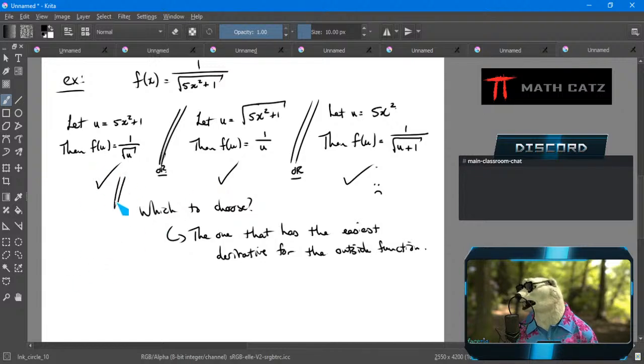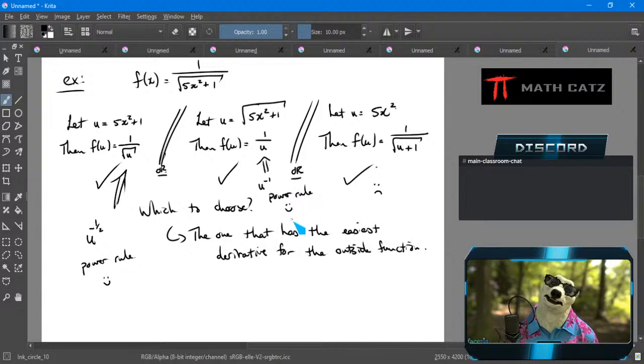This one I can see as u to the negative 1/2, so it's a simple power rule. Smiley face, happy face. This one is marginally easier. It's u to the negative 1, but in terms of the derivative properties to use, it's still just a power rule. It didn't really get easier.